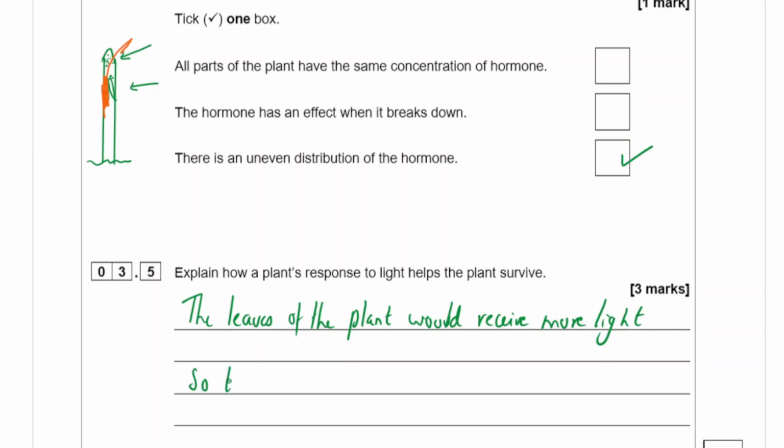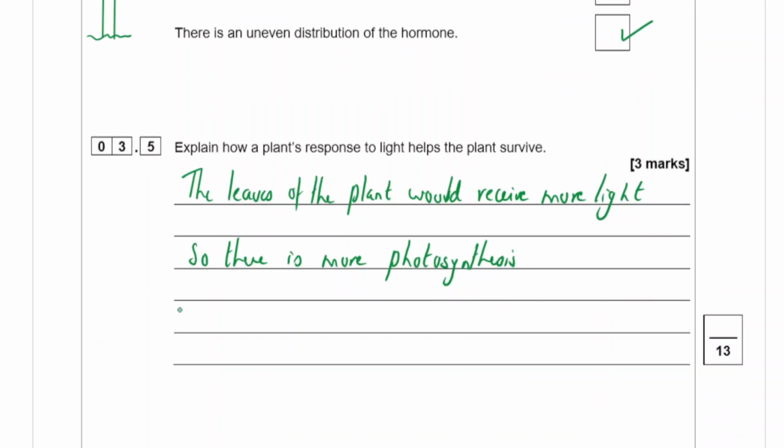So there is more photosynthesis, which results in the production of more glucose. So more glucose is produced, which is important for the plant to survive because it's the main molecule to provide energy during chemical reactions.